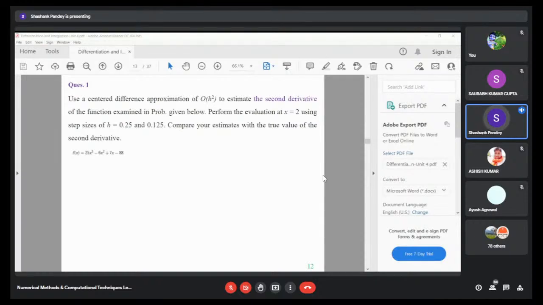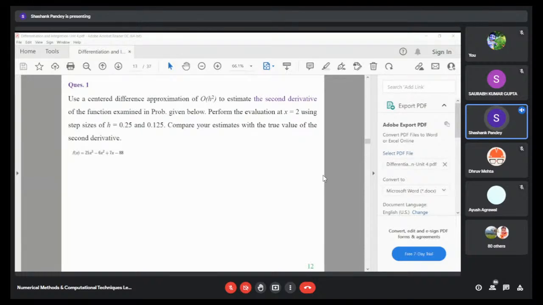You calculate the value at x equal to 2.25, and what will be i minus 1? x i minus 1. Somebody else except Ayush? Riyanshu? Ashish? So 1.75.